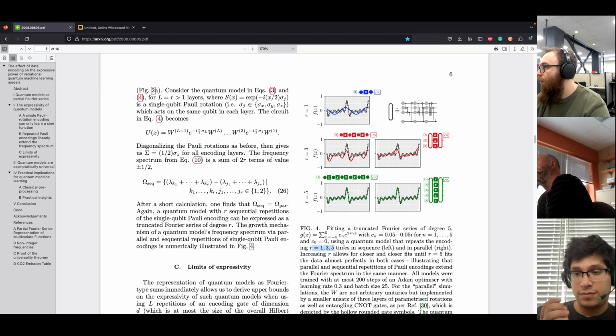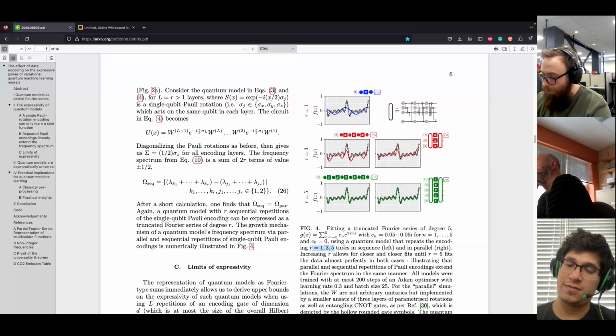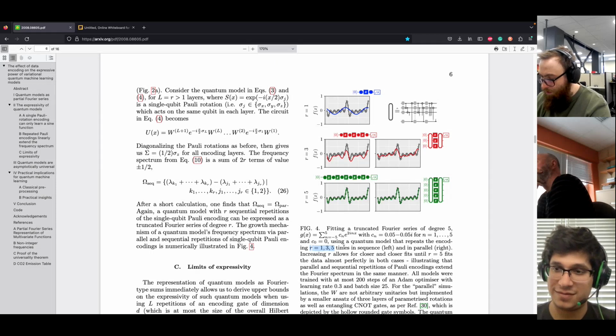I'm not sure I understand how, because usually in classical machine learning you would simply standardize your input features between 0 and 1 or something like that, right? So how do you do it when you're treating it as rotation values?